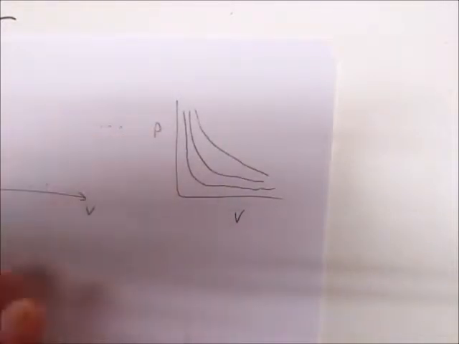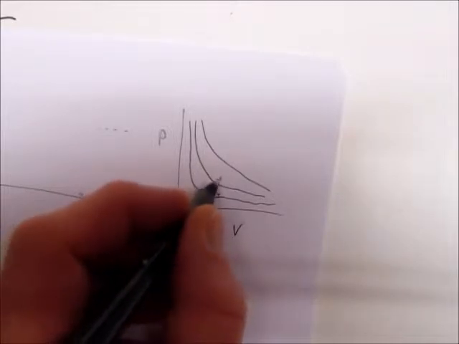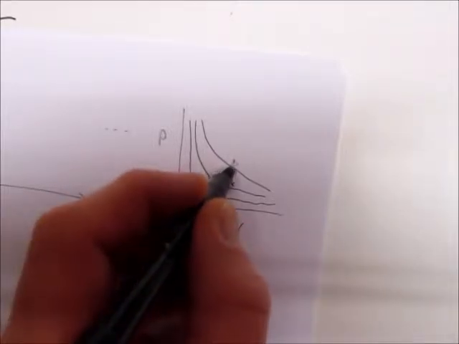Remember how we did this in assignment 1, and they would label, let's just say this was 100 Kelvin, this was 200 Kelvin, and this is 300 Kelvin.